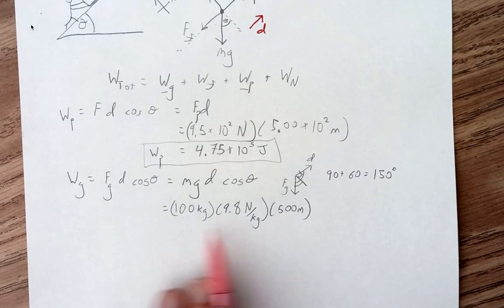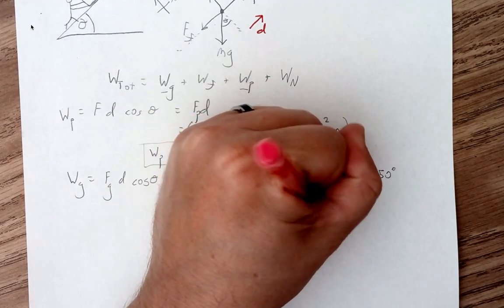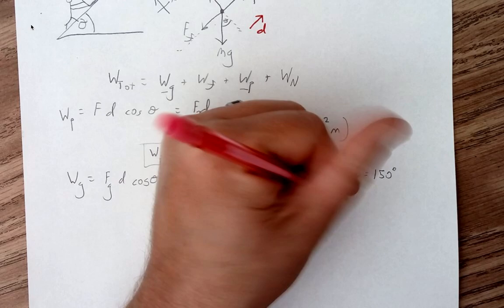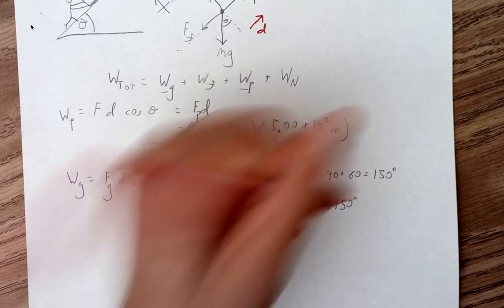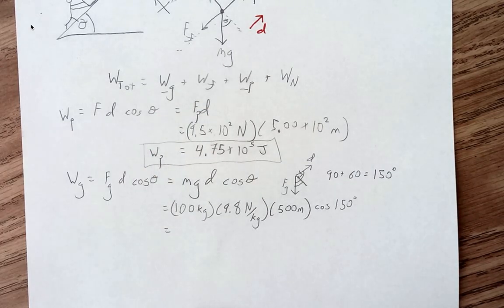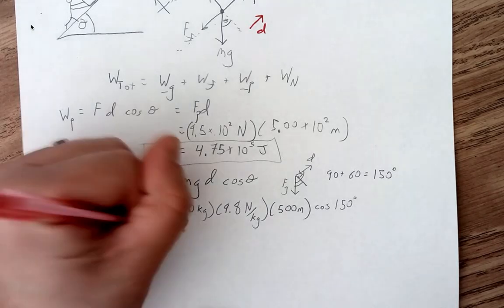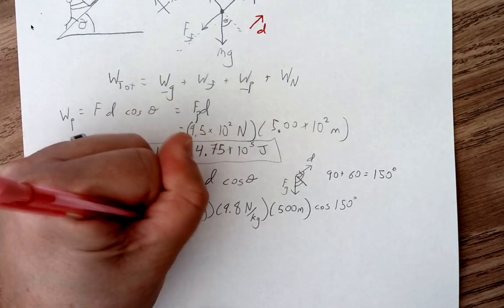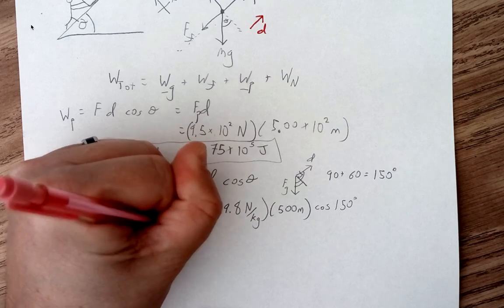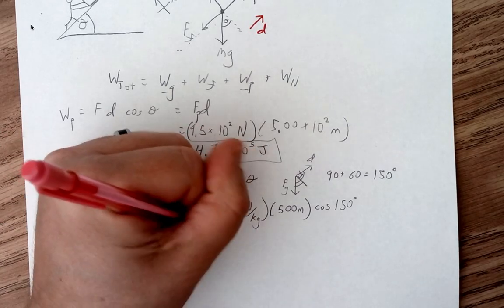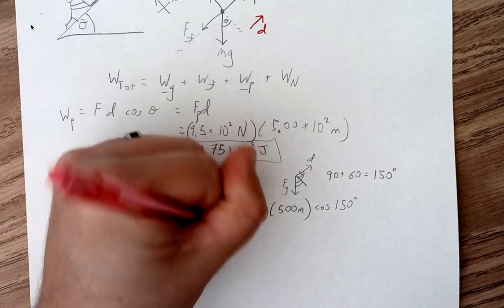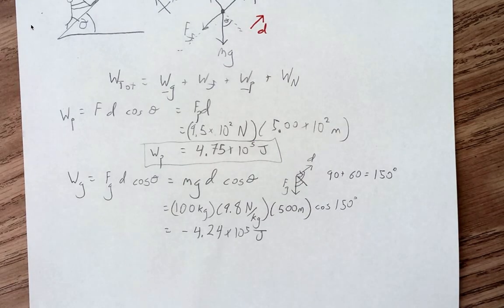So 100 times 9.8 times the cosine of 150 degrees. We get the work done by gravity to be negative 4.24 times 10 to the 5 joules.